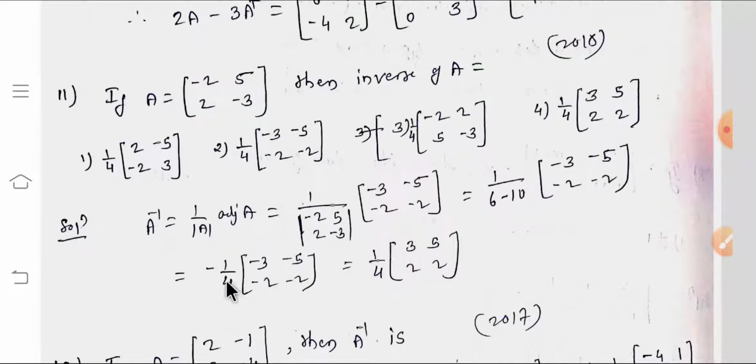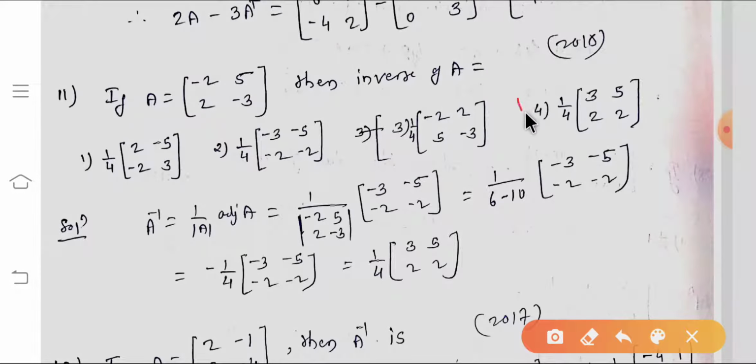So the answer is 1 by 4 times 3 5 2 2. The option is number 4, the right option.